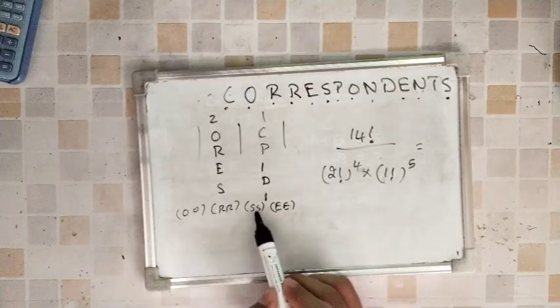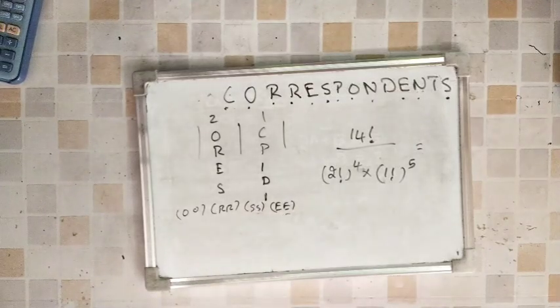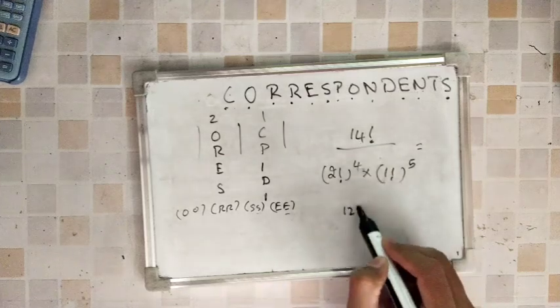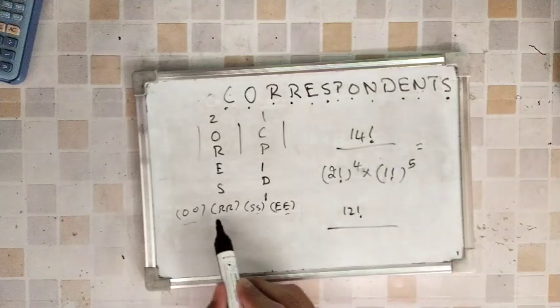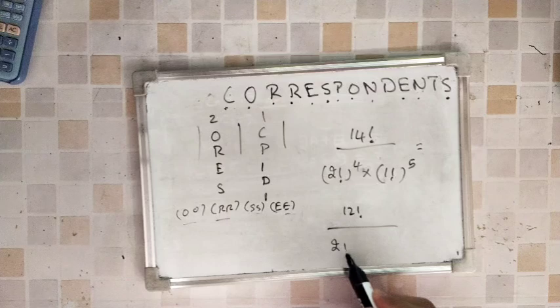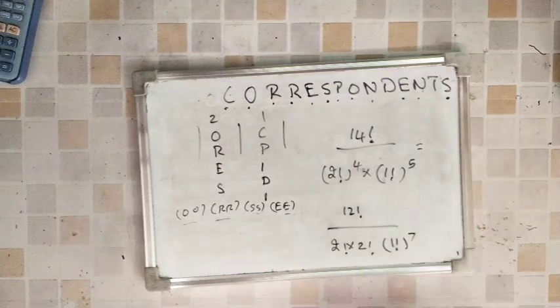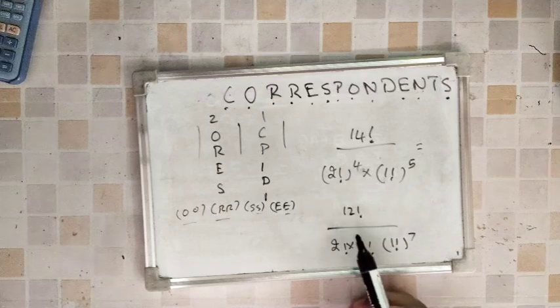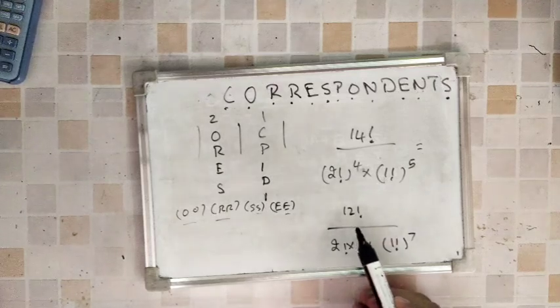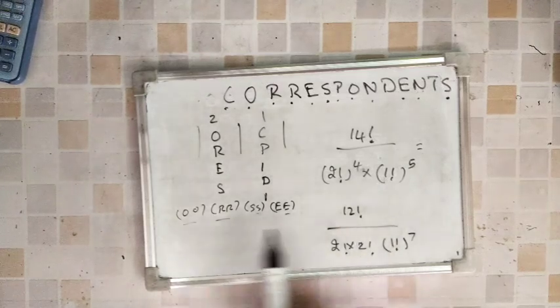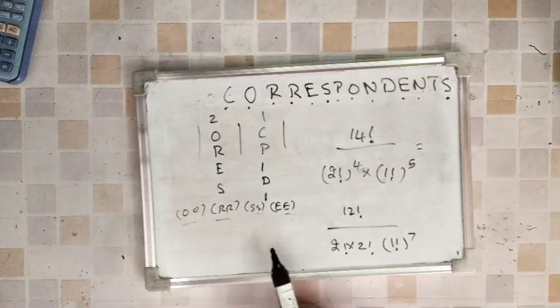I have to remove one S and one E, so that it will become 12 factorial divided by 2 factorial into 2 factorial into 1 factorial to the power of 7. That will be my answer for exactly 2 pairs of consecutive letters.